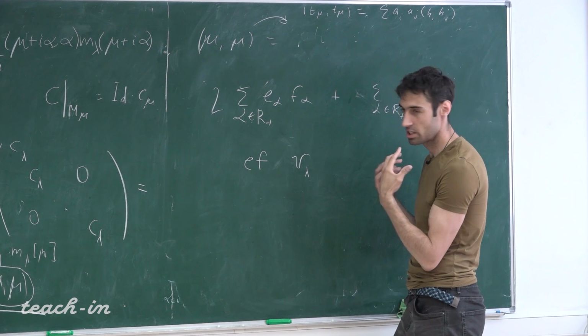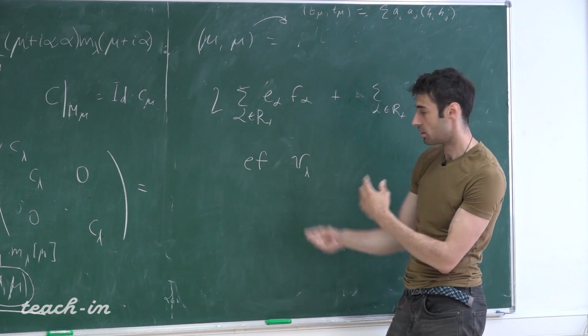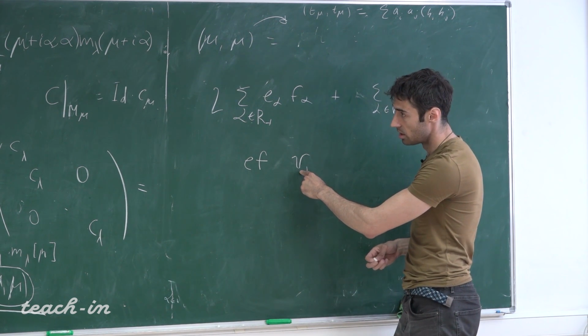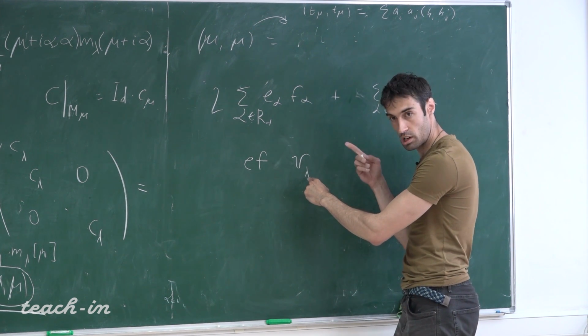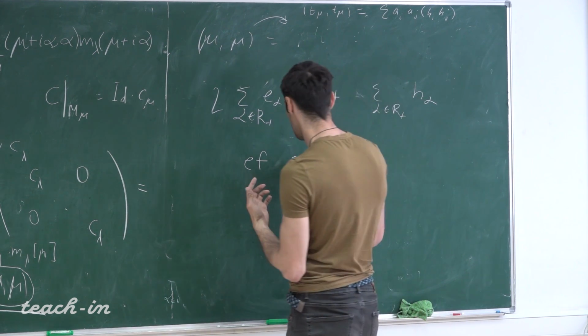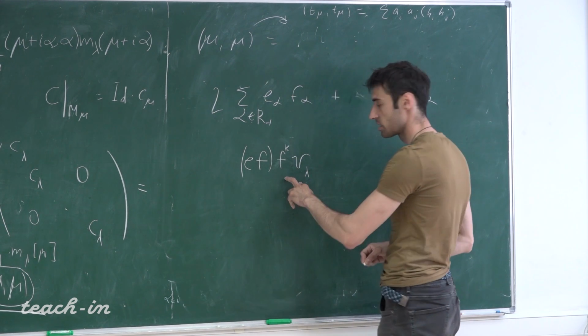I consider now the SL2 triple corresponding to alpha. So I take my V, a highest weight vector for SL2 alpha of weight lambda. And from representation theory of SL2, I know how EF actually acts on such a thing.